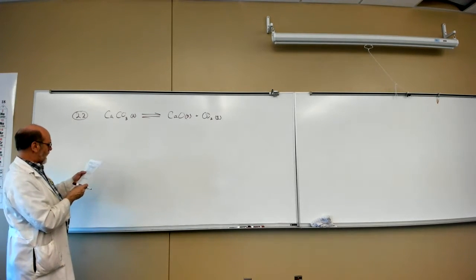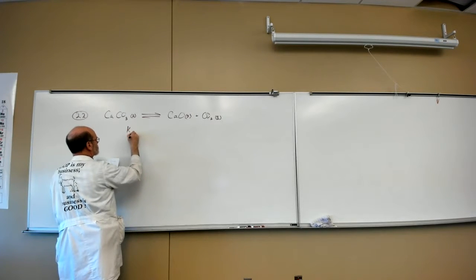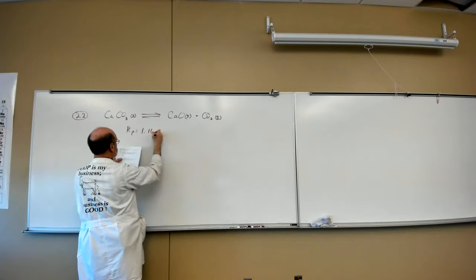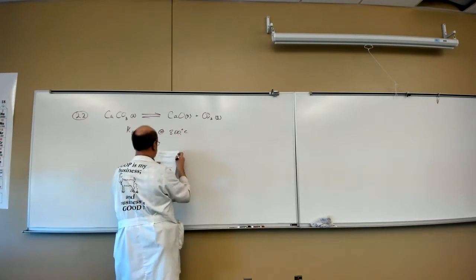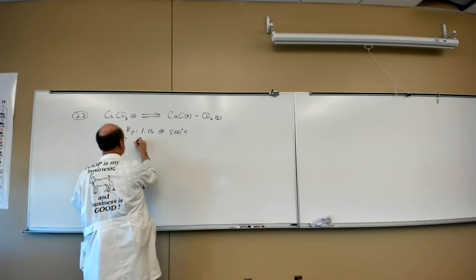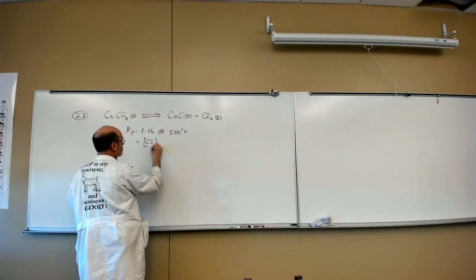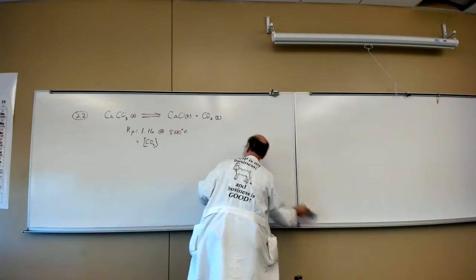Okay, so for this reaction, Kp equals 1.16 at 800 degrees C. And Kp is going to simply be the concentration. Well, actually, that's not right.